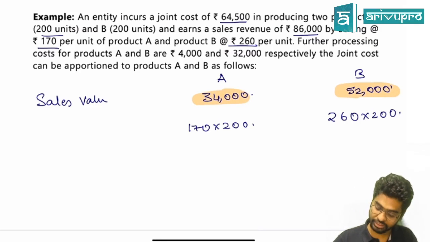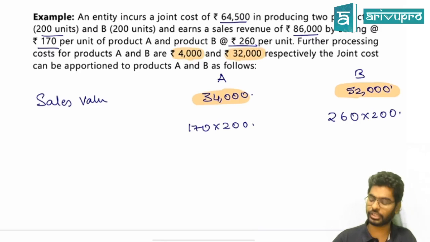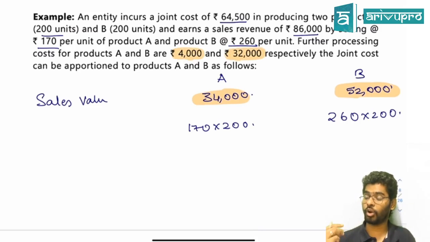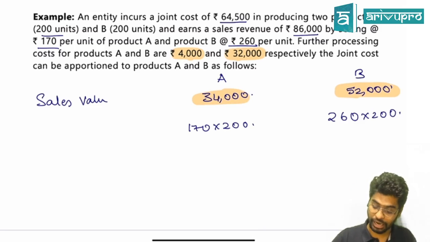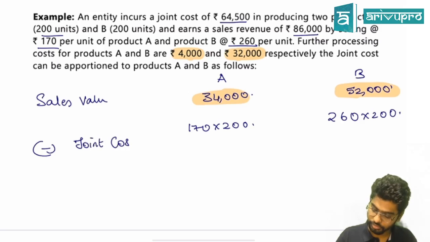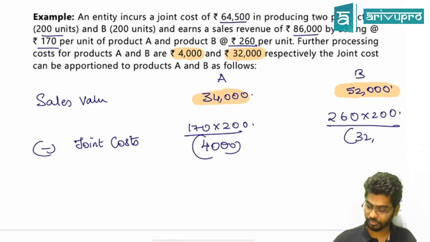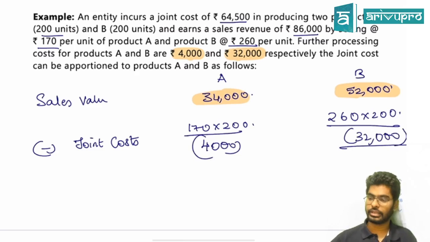Now the further processing costs are 4,000 and 2,000. I have to find the realizable value at the split off point. These are the additional costs which are incurred, so I should be reducing them.